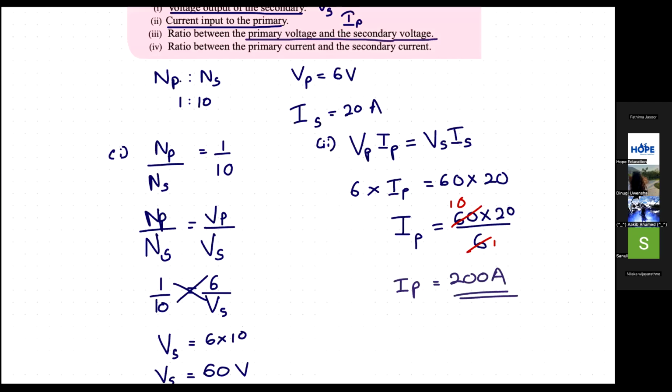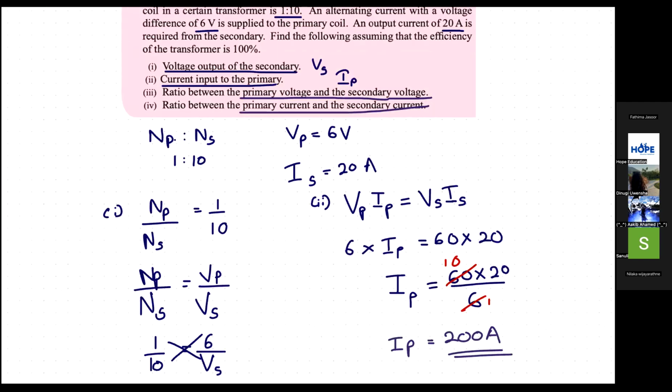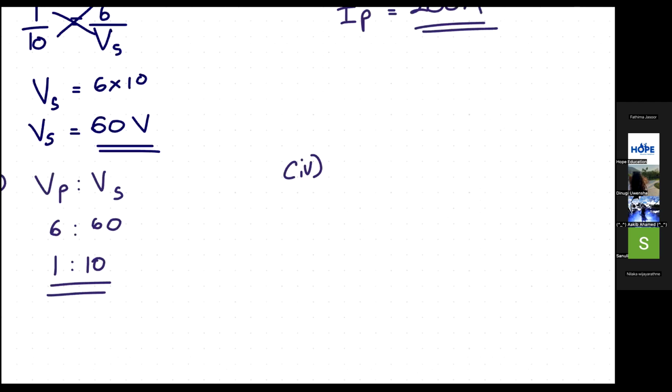ratio between primary current and secondary current. Primary current and secondary current. What did you all get for this? Okay, Binuti, others? What did you get?